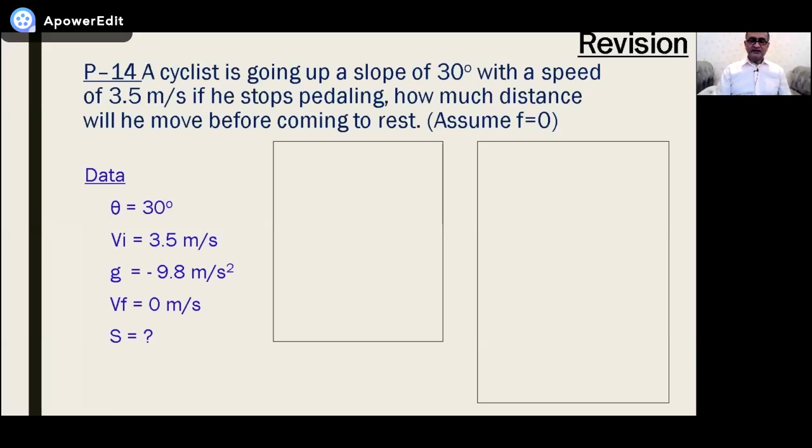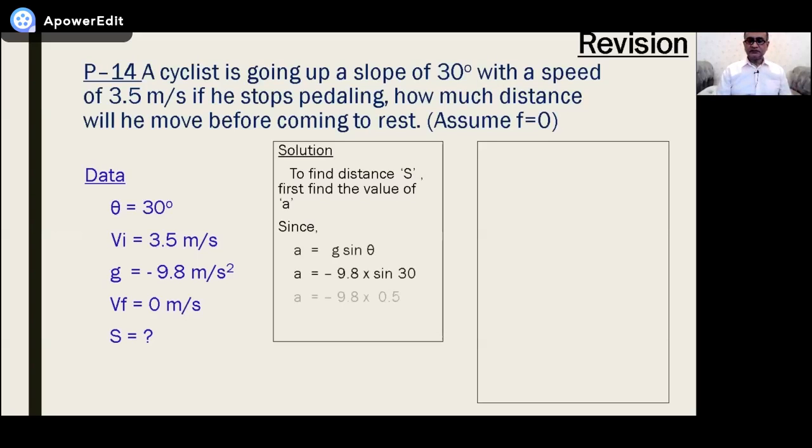Now to find distance, acceleration is a must. So we'll find acceleration first by using the formula A is equal to G sine theta. This is the formula for the acceleration on an inclined plane, right? We substituted the values and got the result of minus 4.9 meter per second square.